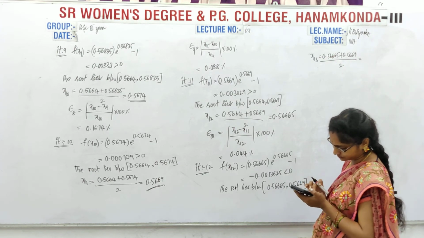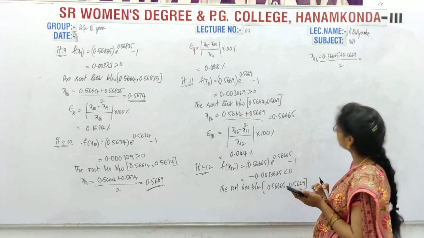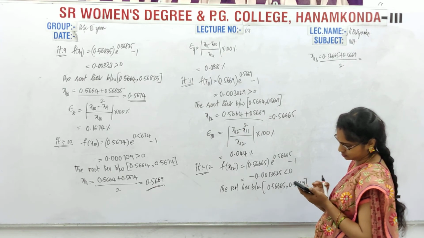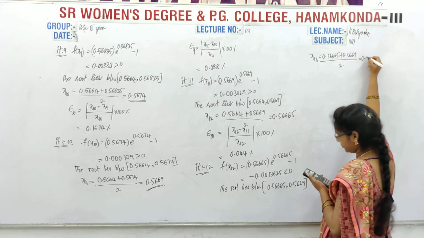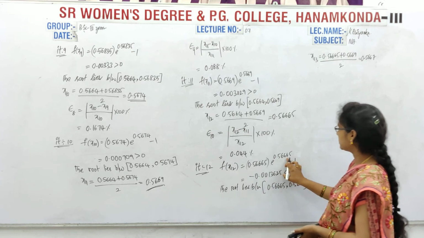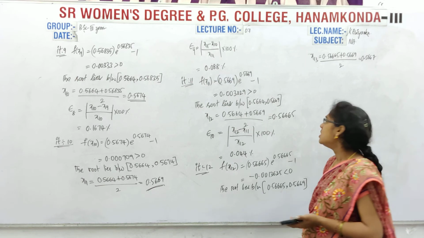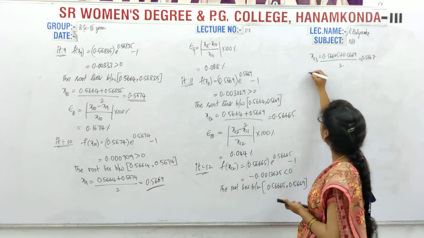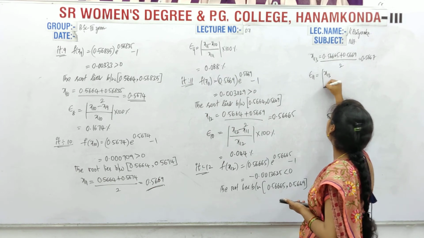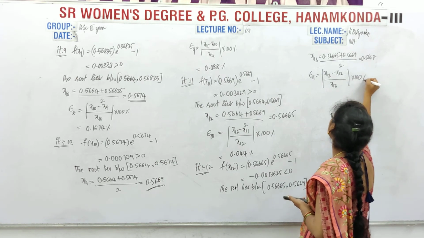Calculate it. 0.5667. Obviously, see here 0.566 and here we have 0.567. Almost all near value. Now here error E11 equal to (x13 minus x12) by x13 into 100.